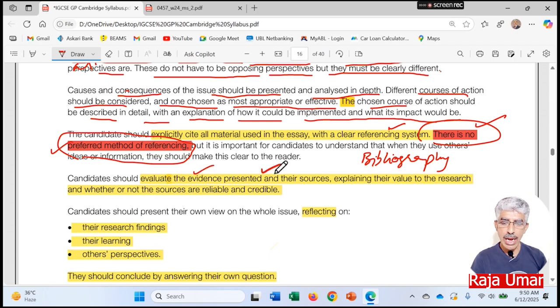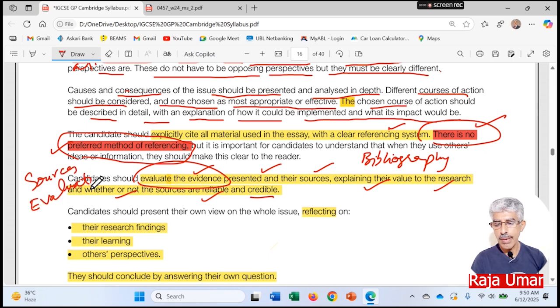Candidates should evaluate the evidence presented and their sources, explaining the value of the research and whether or not the sources are reliable or credible. This is what we call source evaluation.